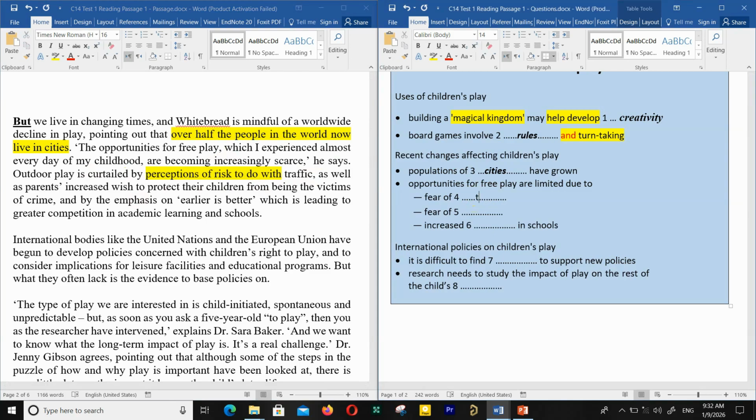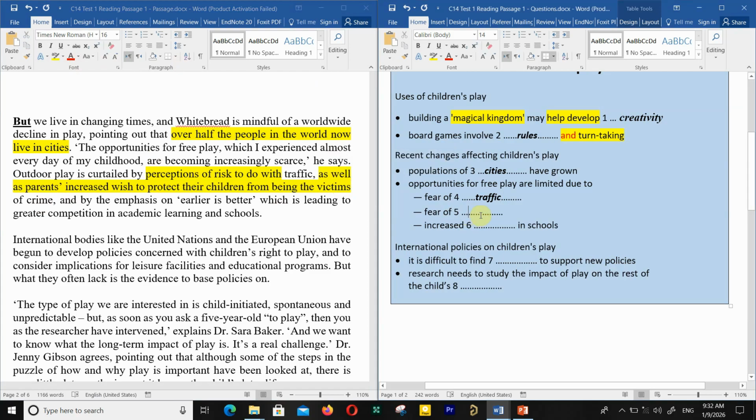And as I already mentioned that you can write traffic for question number 5, no problem, in either order, okay? As well as parents' increased wish to protect their children from being the victims of crime. All of it again means fear of crime.